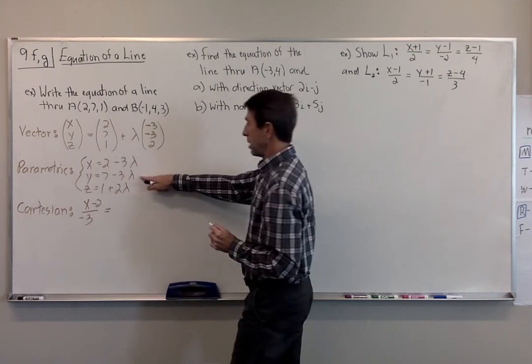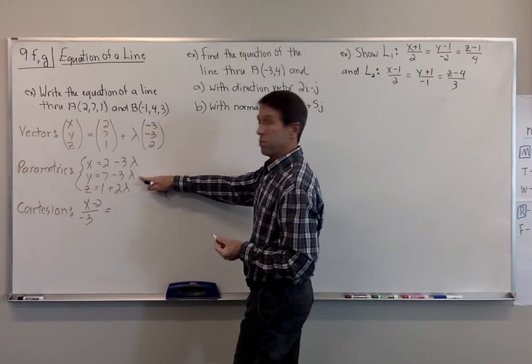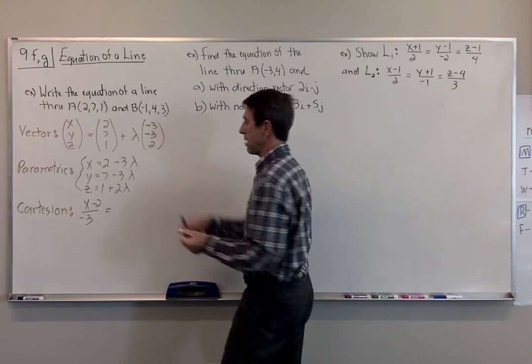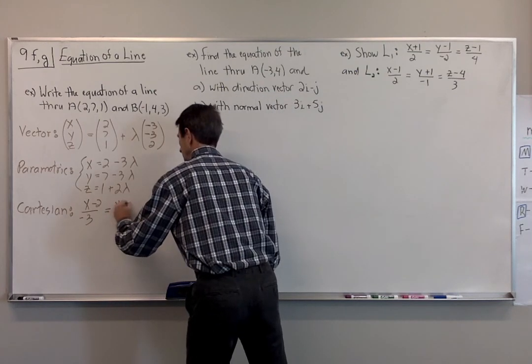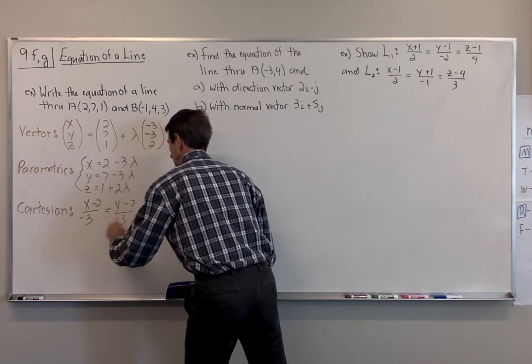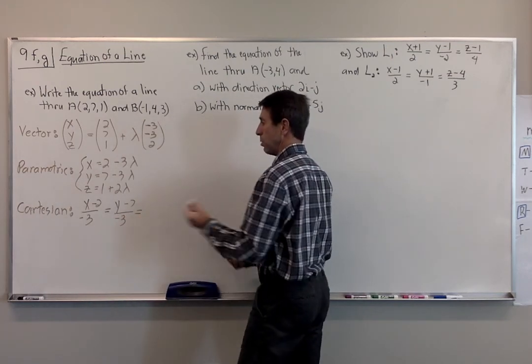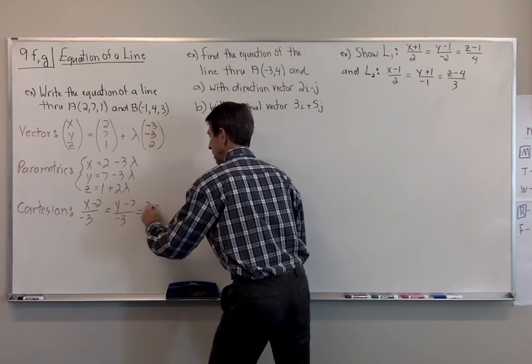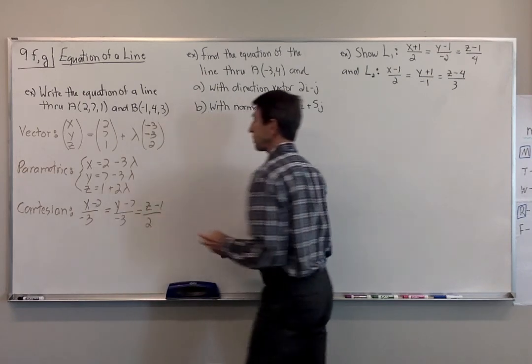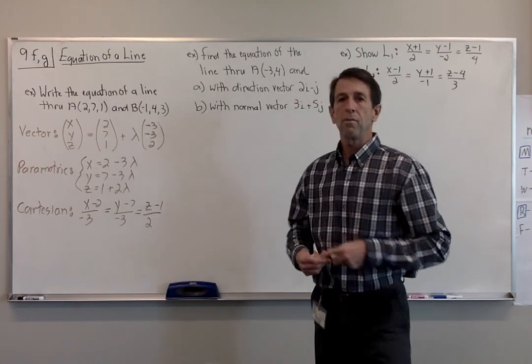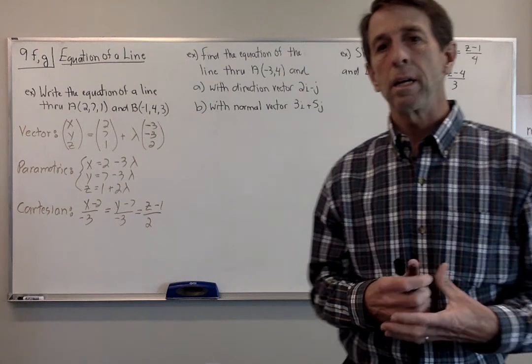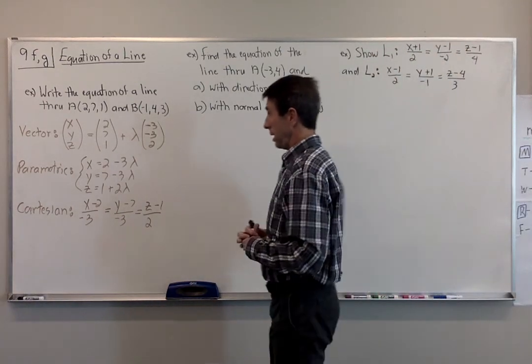But that has to equal the other lambda, because it's really the same lambda, (y minus 7) over -3. And that would have to be equal to the one involving z, (z minus 1) over 2. So there are 3 different ways to represent this line going from point A to point B.